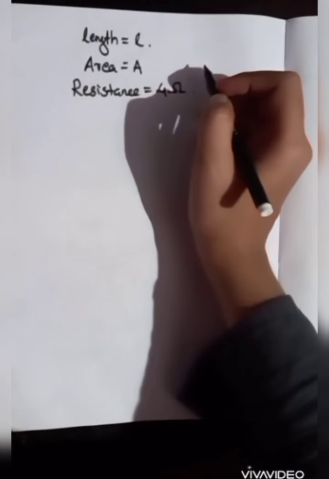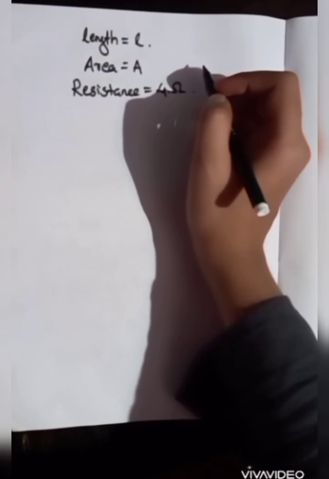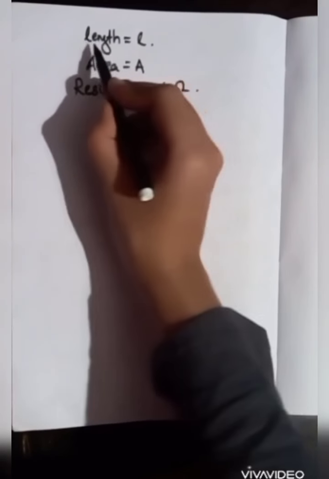This is wire 1. There is another wire 2 of the same material, and the length of the wire is L by 2, half of the length of wire 1, and the area of cross section is 2A.